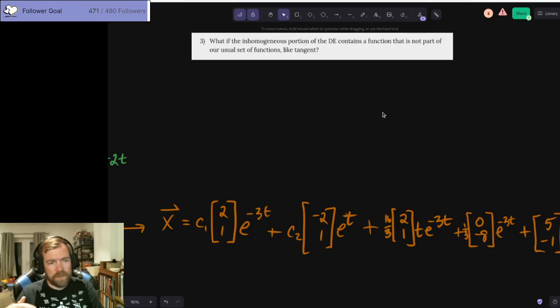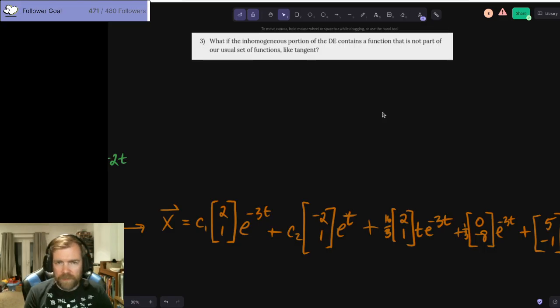So when we take the derivative of either the t portion or the e to the negative 3t portion, we need things in order to cancel other stuff out, so that when we, on the right-hand side, just multiply this particular thing by a constant matrix, we're going to end up with the same stuff there as we get on the other side when we differentiate, in the correct proportions and all that.